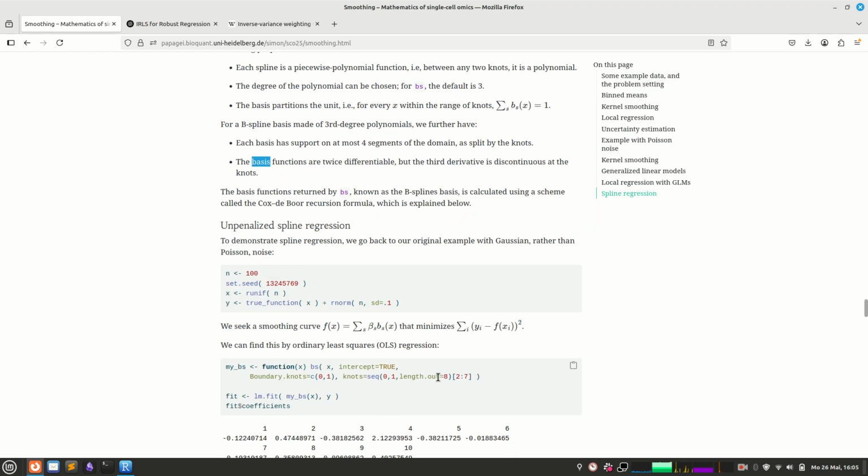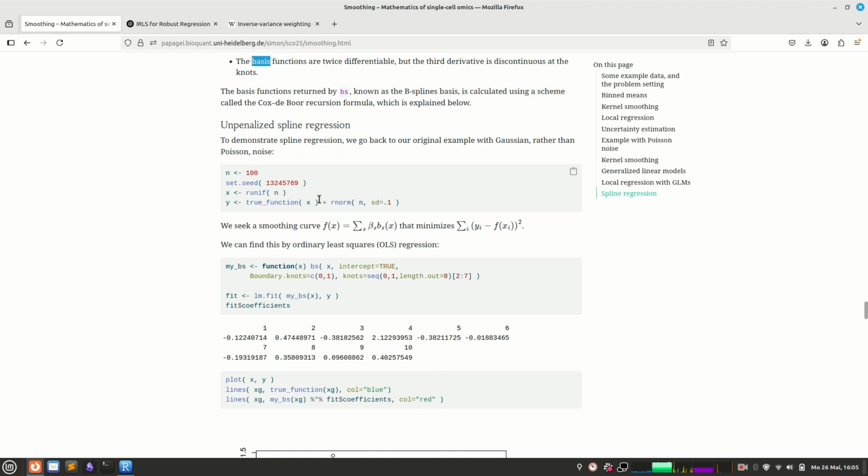And what I can now do is, I can now again do my data as I've done it before. I take my true function and add the noise, which is exactly what I've done before. And now I want to find a smoothing curve f of x, which minimizes the least square criterion.